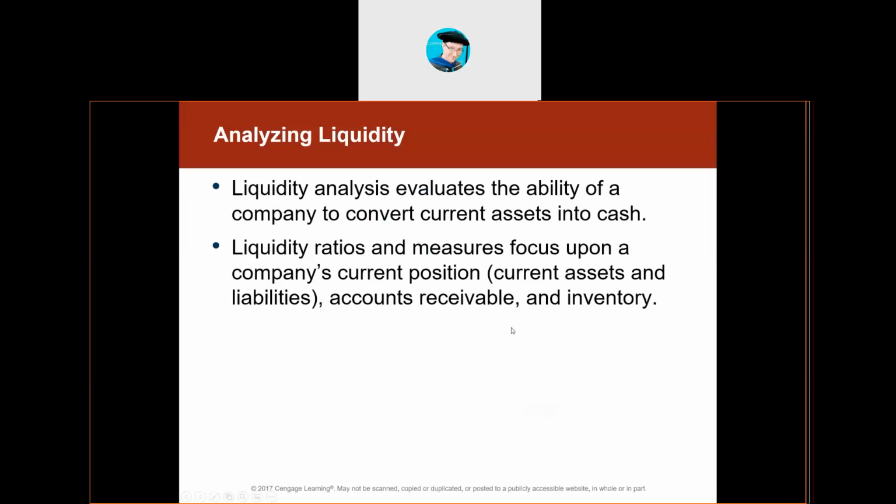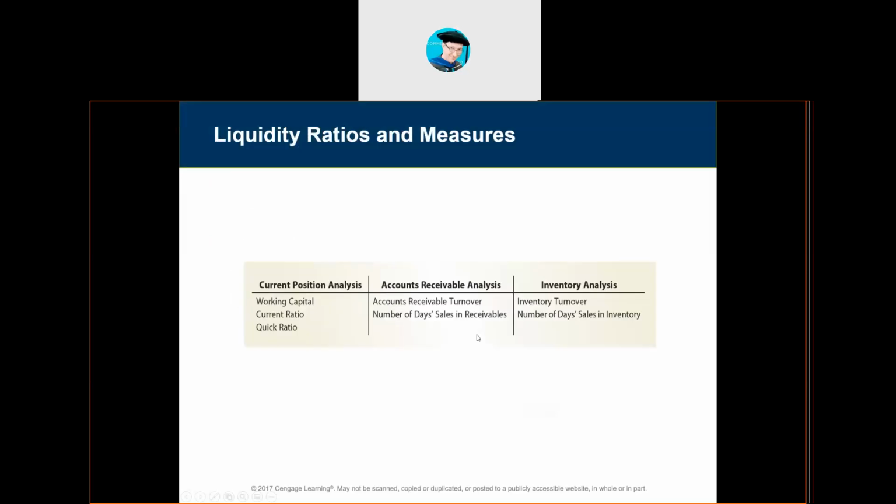Now, in business, we also want to understand the company's ability to be liquid, which is how quickly we convert things to cash. And to do that, we perform ratio analysis. There's a couple of liquidity ratios to identify the company's ability to quickly turn things into cash.